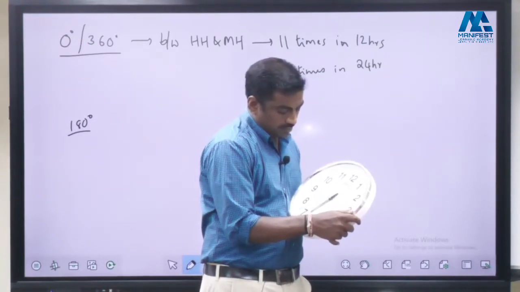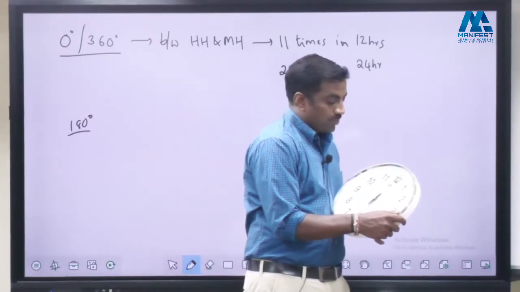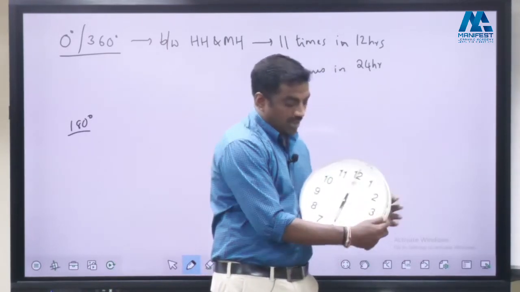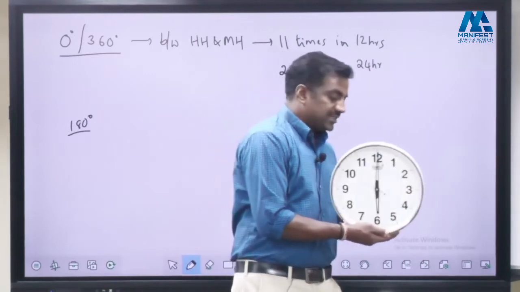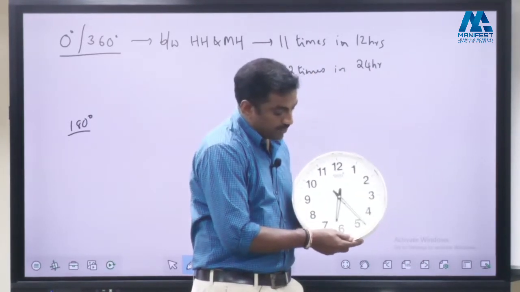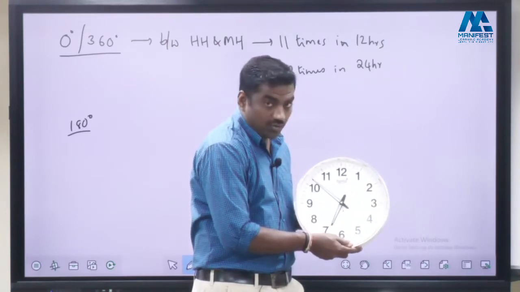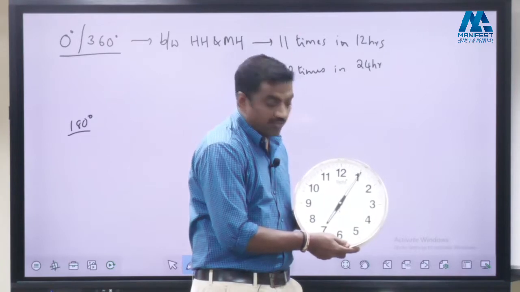Now 6 o'clock, 180 degree. So the next time you see this 180 degree is after 7.5, not exactly at 7.5.